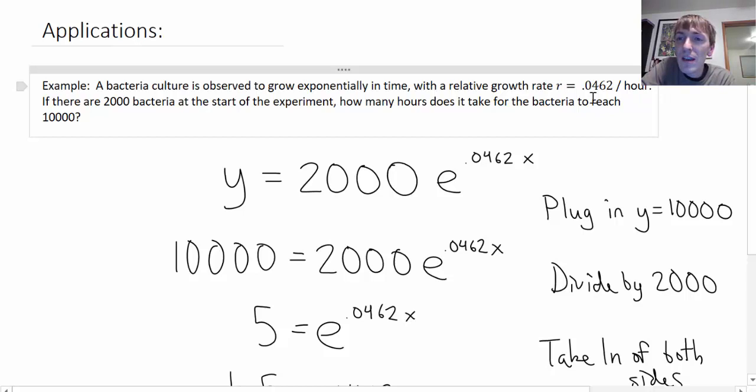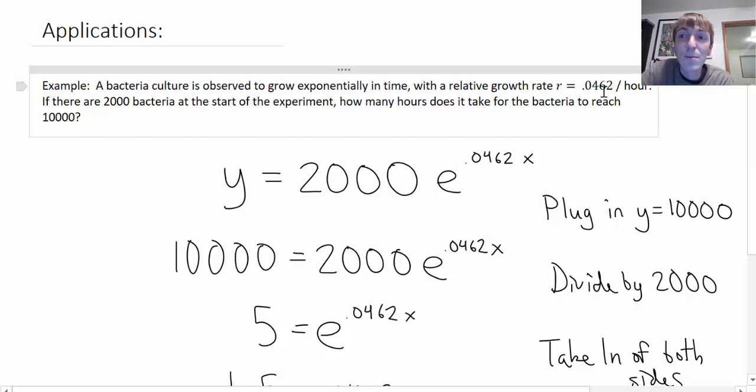So the reason there's no units above the hour is because percentage doesn't have a unit. All right. Now 0.0462 is not a percentage, but if I turn it into a percentage by moving the decimal place over 2 places, then I get 4.62%. And that's exactly what this means. It's saying that the bacteria is growing at 4.62% per hour. Okay. So it's not an absolute growth rate.